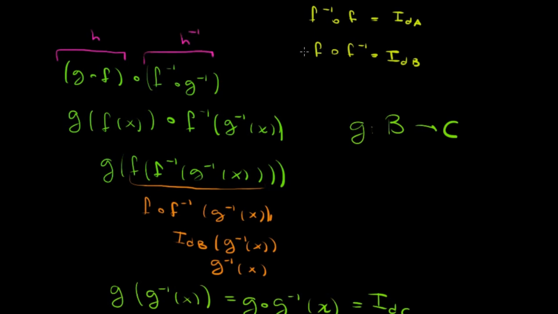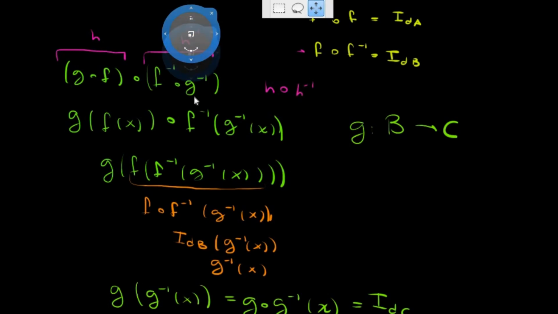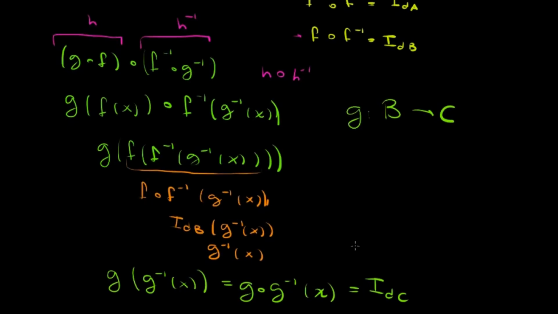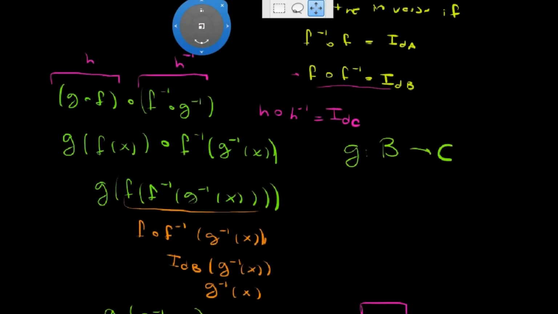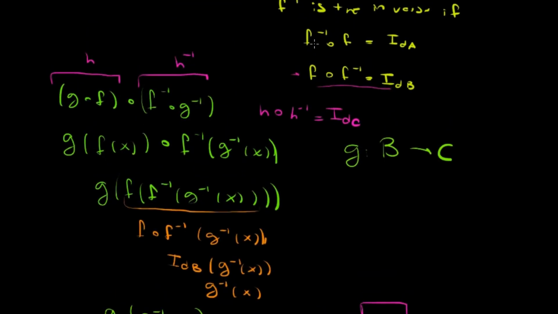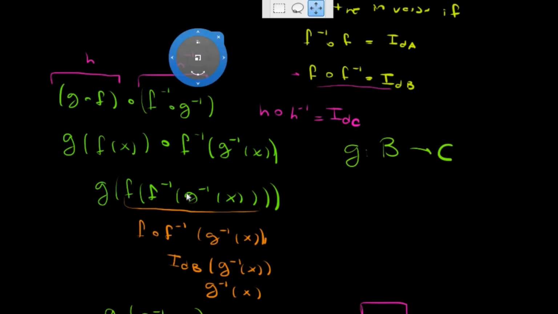So in this case, I had H composed with H inverse, and what I have is the identity in C. So this gave me the identity in C, where C was the codomain of H. Oh, perfect. Okay, this is just what I wanted. Now what I have to prove is the same, only the other way around. I have H inverse, this part, composed with H, with this other part. Okay, let's write that.